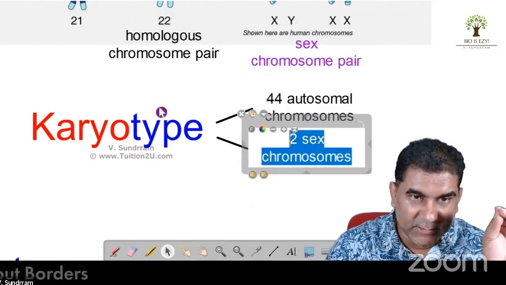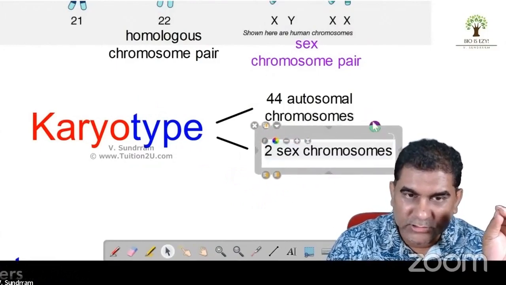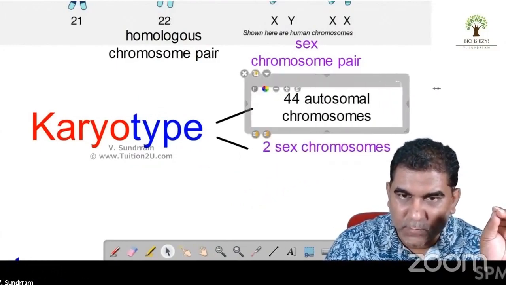I use purple color for the 2 sex chromosomes.